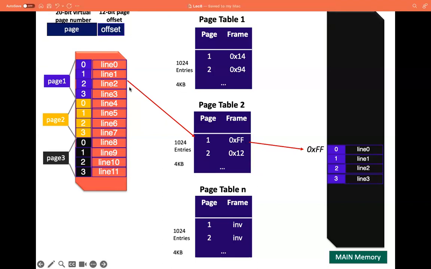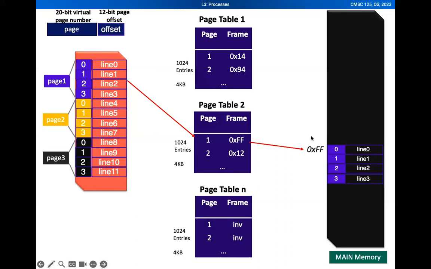So for example, this page 1 is mapped with this frame, which is of the address FF. So we can access this data in this specific frame.